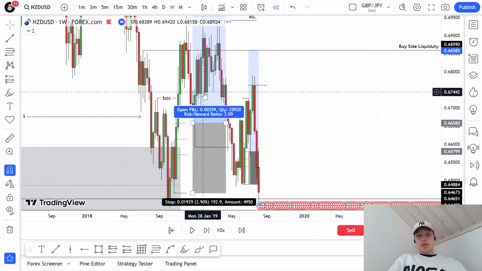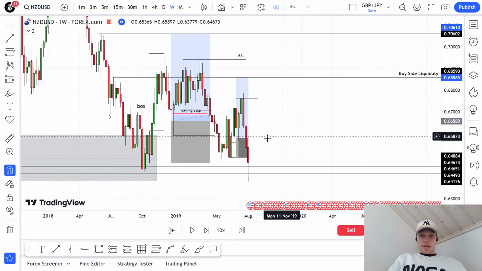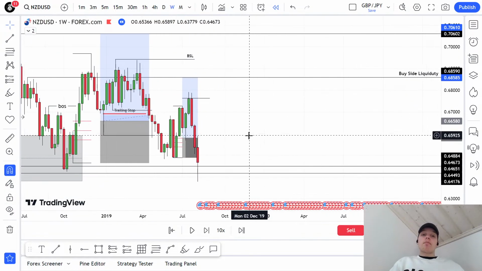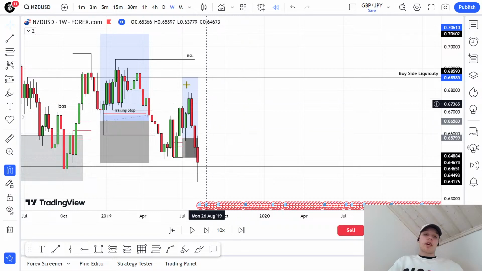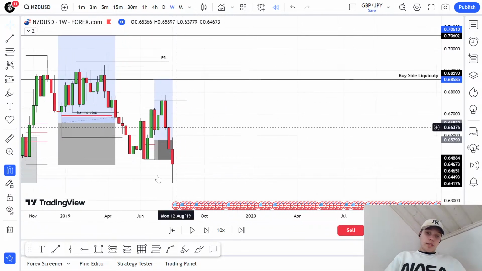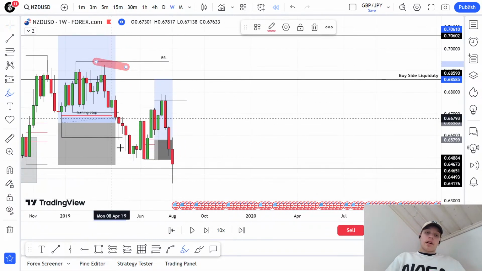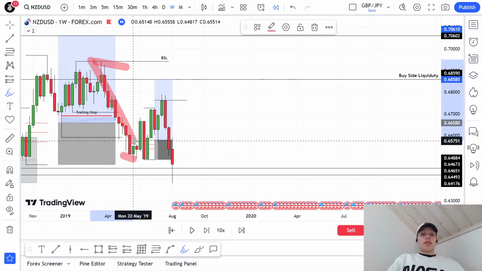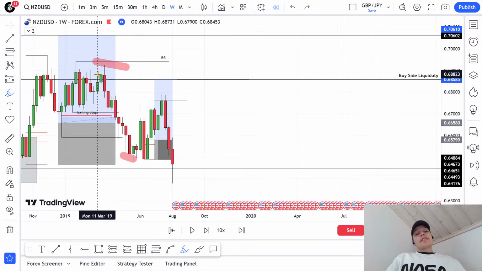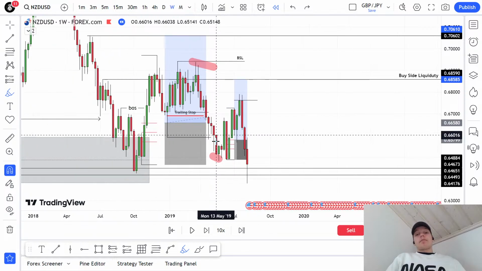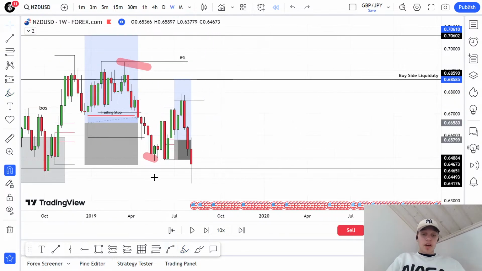because we need to also understand that even though the bias for me was to the upside, the latest price leg that I deemed as a manipulation price leg is still bearish. So if price is bearish, where is it going to reject from?